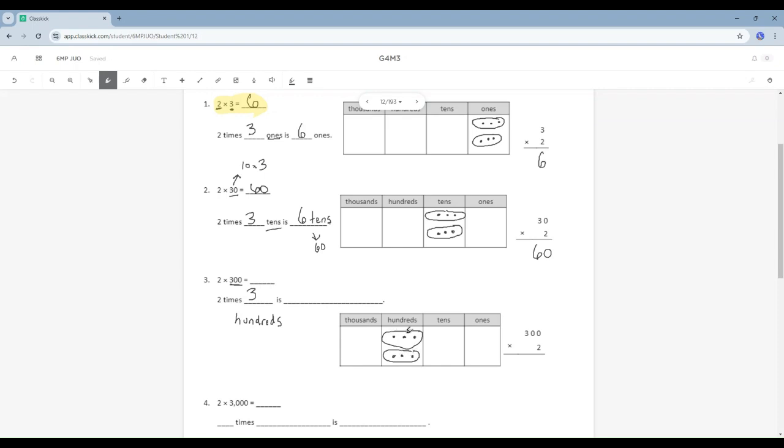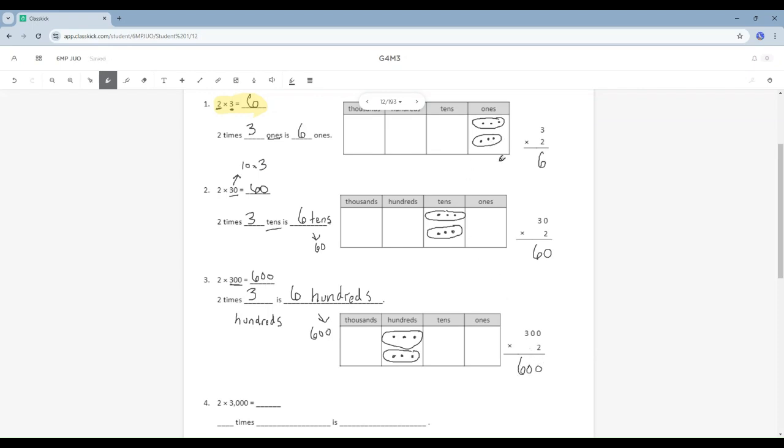So 100, 200, 300, 400, 500, 600. 2 times 300 is 600, or I could write it as 2 times 3 hundreds is 6 hundreds. Again, just in standard form, 600. And over here vertically, we have 300 times 2, or again, 2 times 300 is equal to 600.